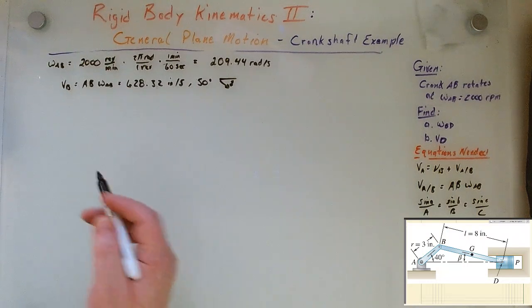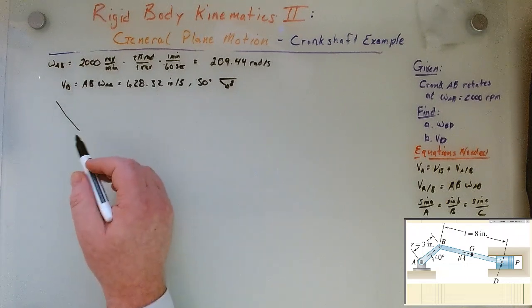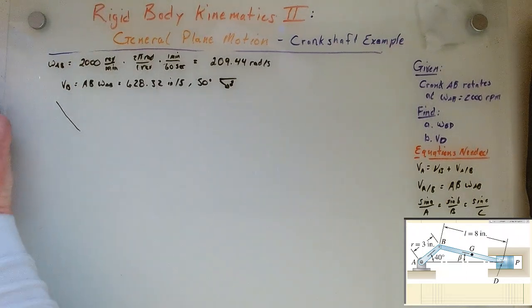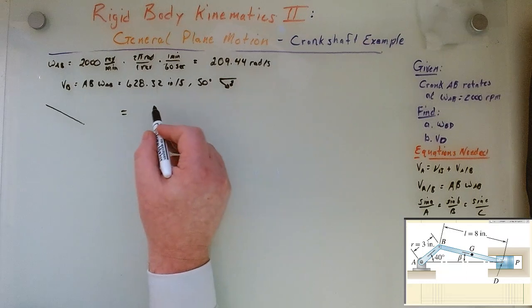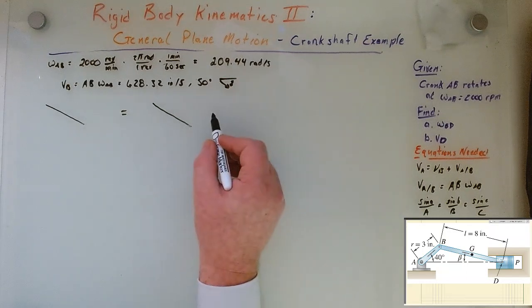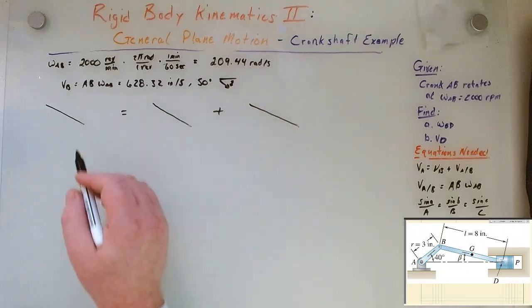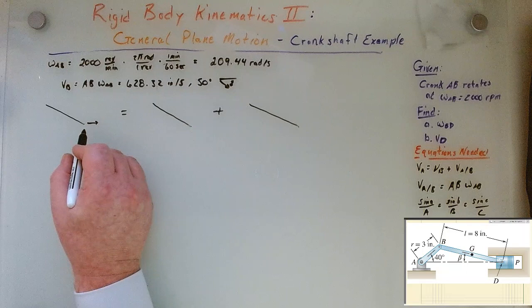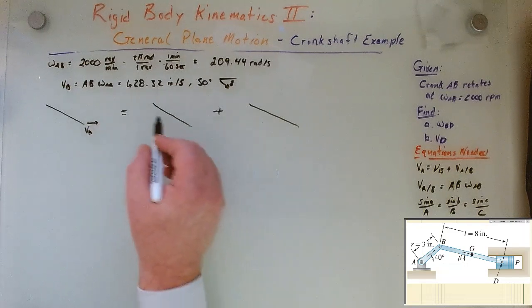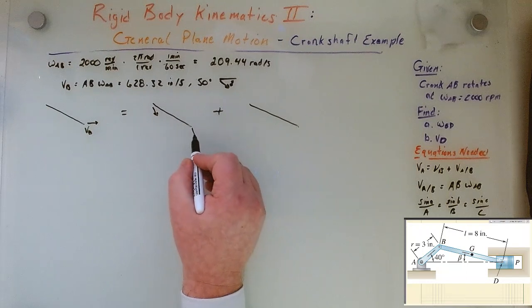So we can draw our diagram, right? So let's see, that is quite a bit more vertical than that bar is. So we draw it like this, and let's see, we're after this guy, right? So this is v sub d, and that is equal to the translation part, right?